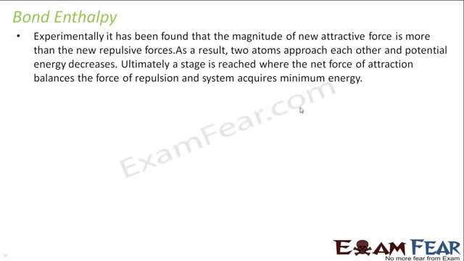As I have told, experimentally we have found that the new attractive force is stronger than the new repulsive force, and that's why when they approach each other, the energy of the system decreases.